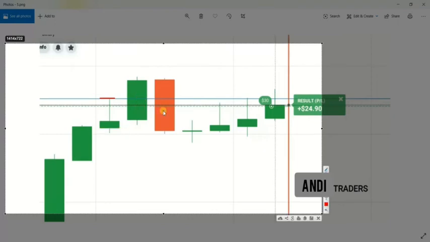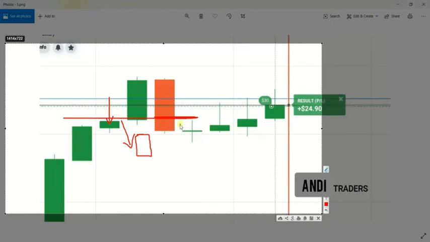But suppose, for example, we have a resistance level here, this shows us we have strong sellers here, because we are seeing a strong rejection. So now we must think the market will go down and the next candle will be a bearish one. Why? Because now we have a level here.